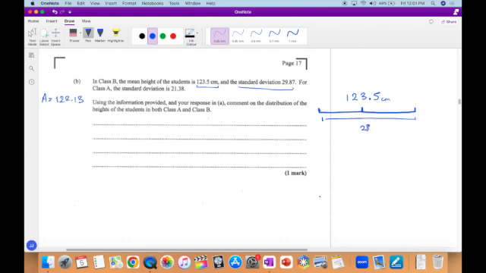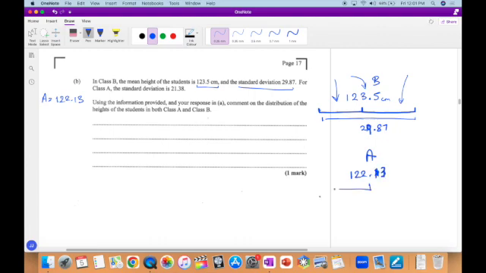So it's a difference of about 29.87, is what they say in here. So that means that when you choose a student at random, you may not get 123.5 exactly, but you will get somewhere inside of this range of 29.87 centimeters. So within that standard deviation, this is for Class B. For Class A, ours is 122.13, sorry.